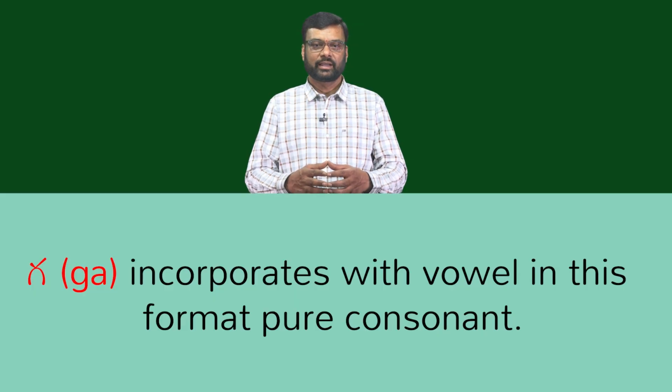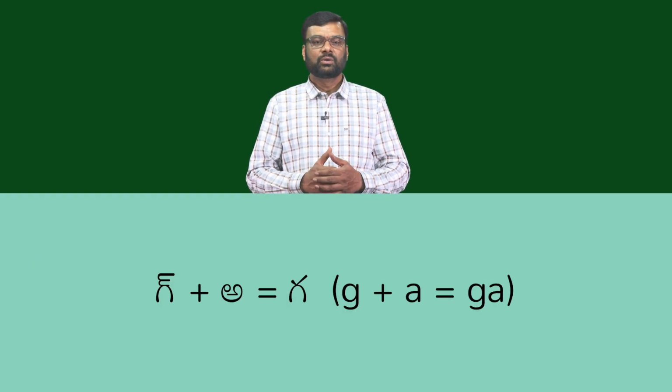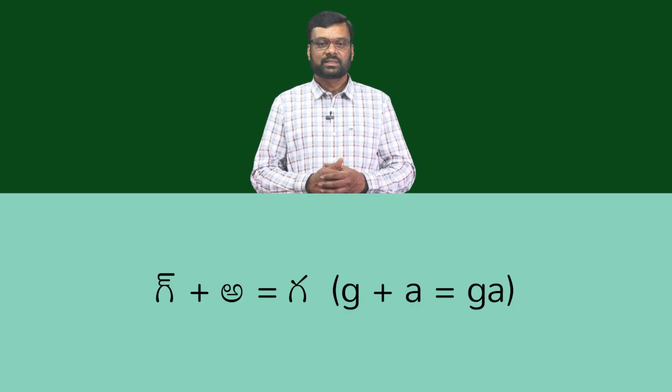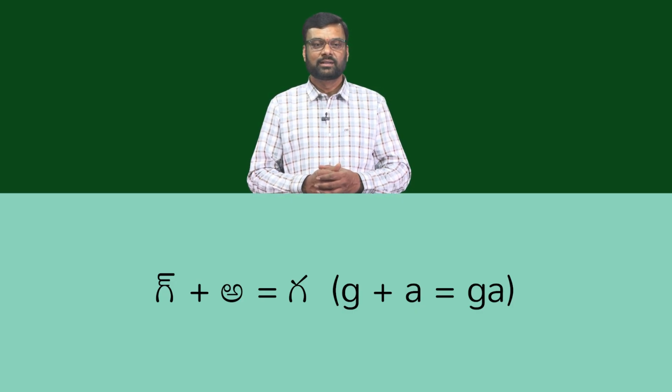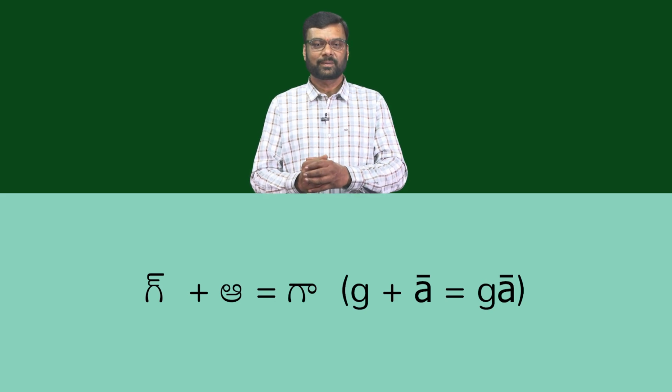Now, let's take a look at how these consonants interact with the vowel from the previous categories. For example, Ga incorporates with the vowel in this format: pure consonant Gu plus A is equal to Ga.